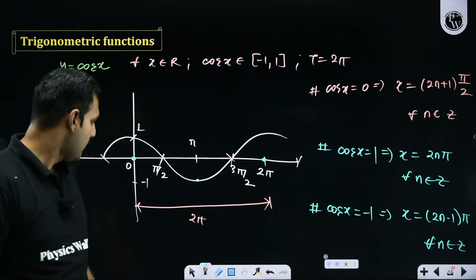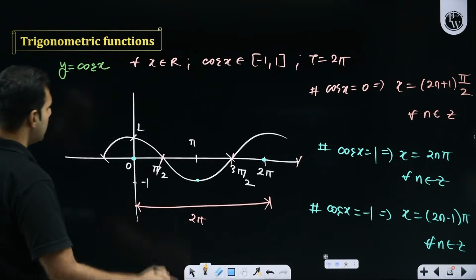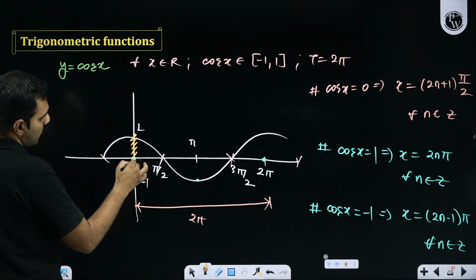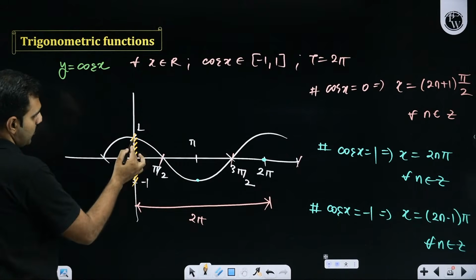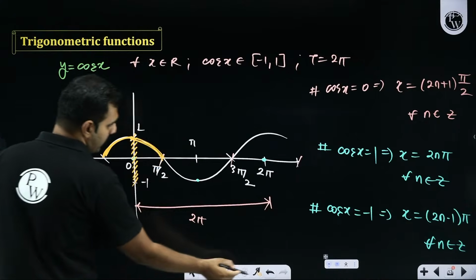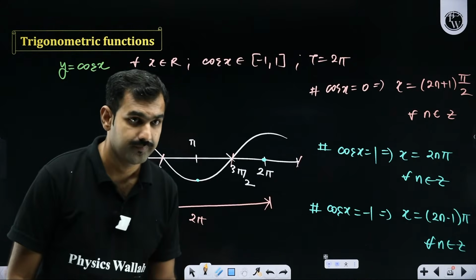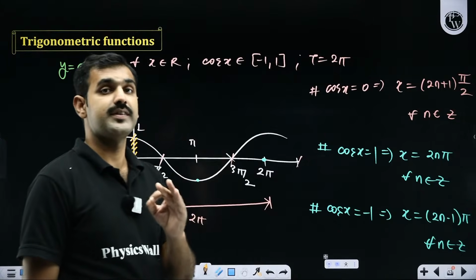If you ask whether this function is even or odd, this time the curve is symmetrical with respect to the y-axis, which means whatever is the graph on the left of y, the same is on the right of y. So if the y-axis behaves as a mirror for a curve, then such a function is said to be an even function.